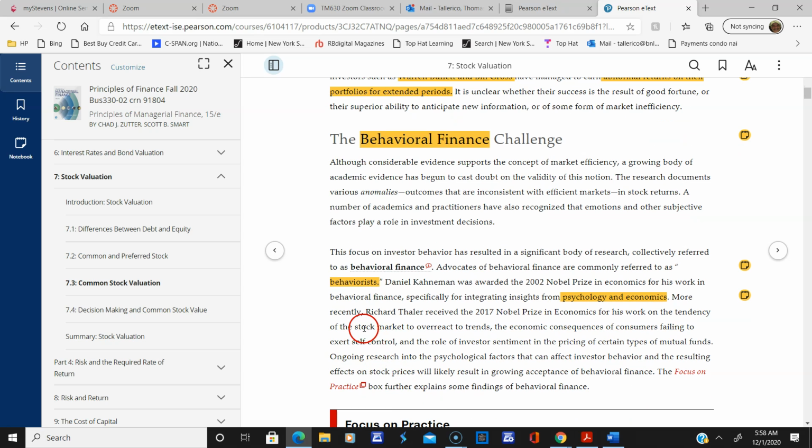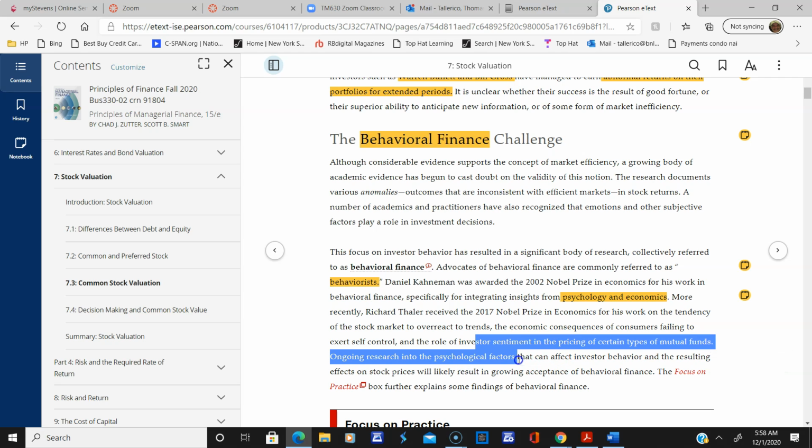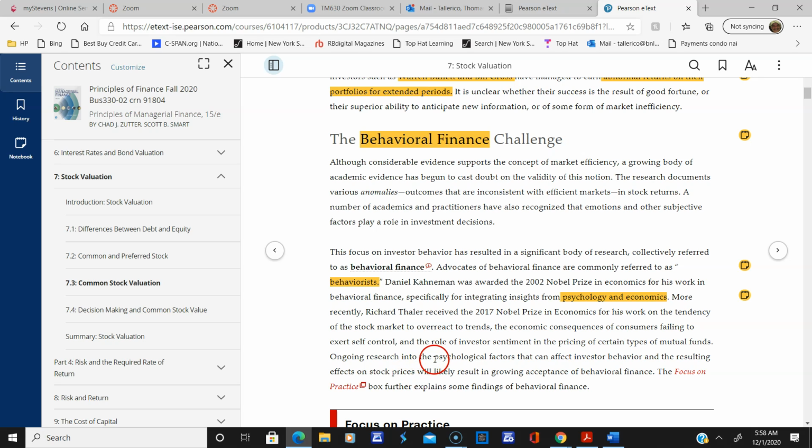So there's a whole study on people's psychological behavior with regard to trading, and there are a lot of different terms thrown around. You could actually take classes in behavioral finance, and I'm sure you can get one at Stony Brook if you look in the course catalog.